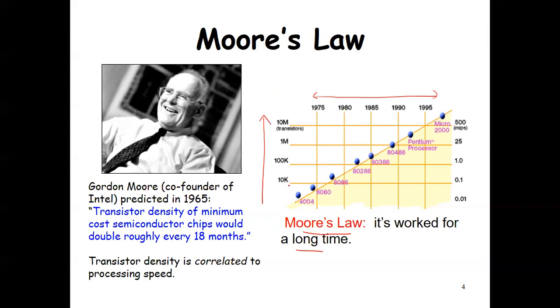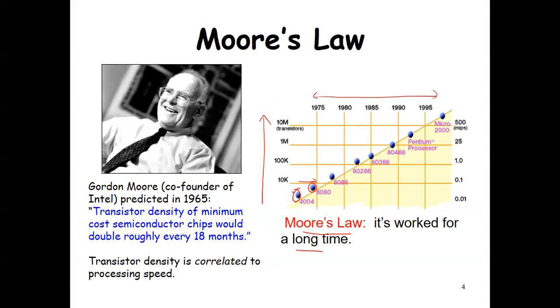The first microprocessor introduced was 4004, and then 8080. The number of transistors used in the 8080 processor is close to 10,000.